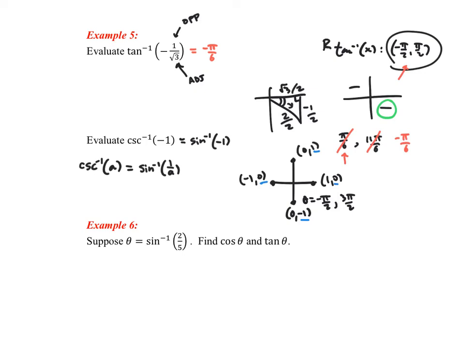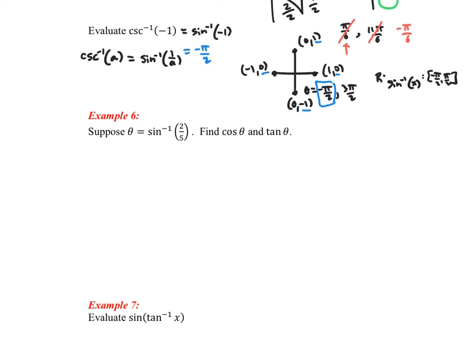But that's not true, because the range of inverse sine is from negative pi over 2 to pi over 2. 3 pi over 2 doesn't satisfy that range. Therefore, we have to use negative pi over 2. So the answer to inverse sine of negative 1 is negative pi over 2.